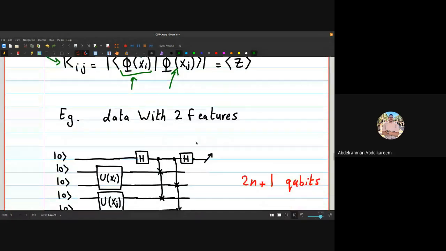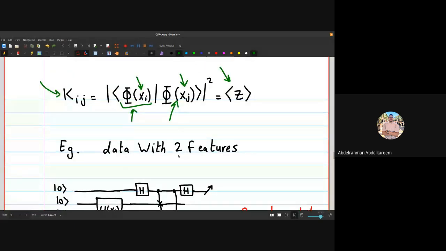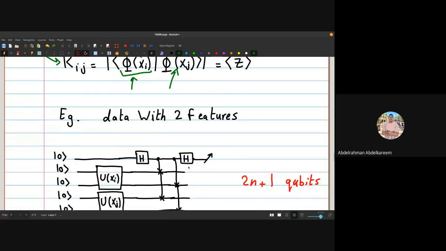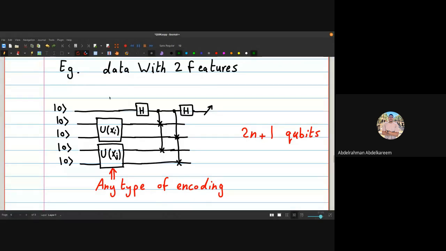Okay, let's say I have a dataset with only two features. So how would the circuit look? It would be two qubits for the encoding. Here I have used any type of encoding.